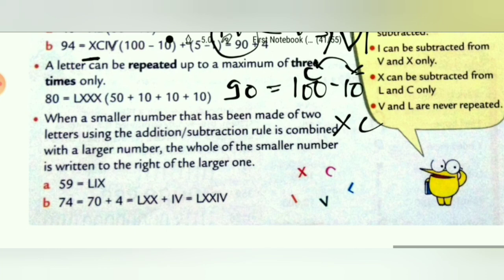Next, when a smaller number that has been made of two letters using the addition subtraction rule is combined with a larger number, the whole of the smaller number is written to the right of the larger one.